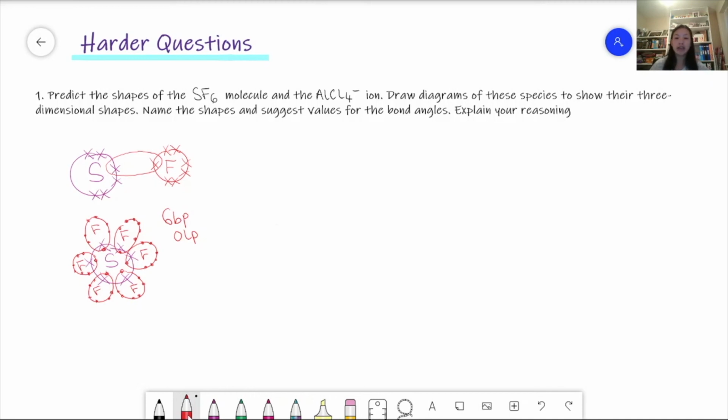So you'd have sulfur in the middle, and then fluorines here, and also behind like this, and then one at the bottom. And the angles would be 90 degrees everywhere. And we know that this is called octahedral.